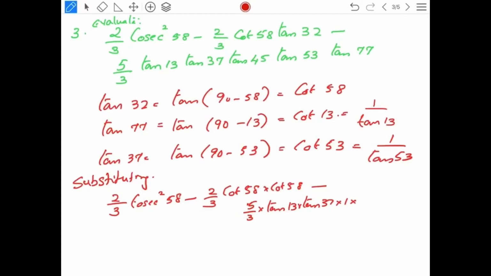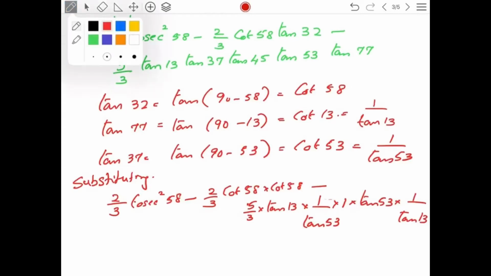Tan 37 we have converted as 1 by tan 53, and tan 77 we have converted as 1 by tan 13. So you can cancel these.